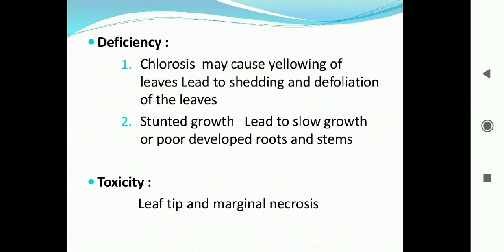Then what are the deficiency symptoms of potassium? Chlorosis may cause yellowing of leaves and lead to shedding and defoliation of the leaves. Stunted growth leads to slow growth or poorly developed roots and stems. If potassium is more than the requirement, it produces toxicity, and leaf tip and marginal necrosis occur in the plant.